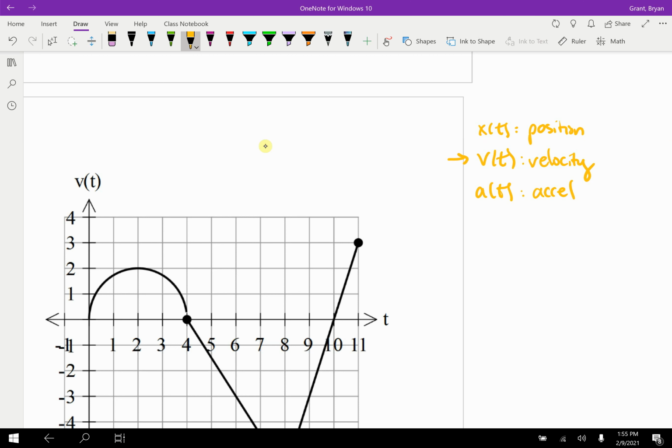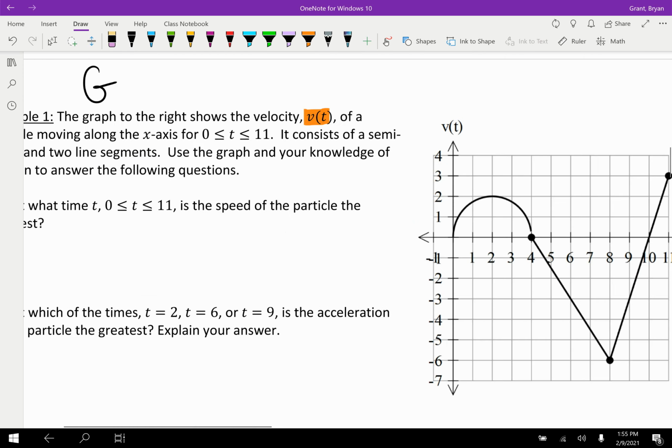They are always going to give you velocity because velocity is the derivative, and this is a calculus class. If this were an Algebra 2 class, they might give you position and ask you questions about that, but you should almost always expect them to give you a derivative equation, which in terms of particle motion is always the velocity. So let's go ahead and get started.